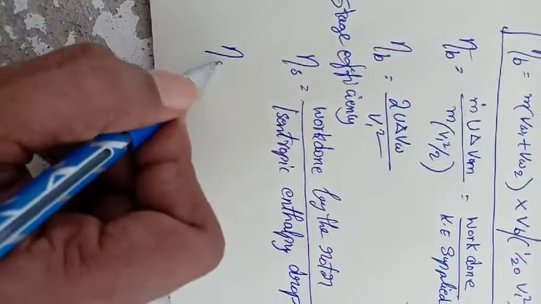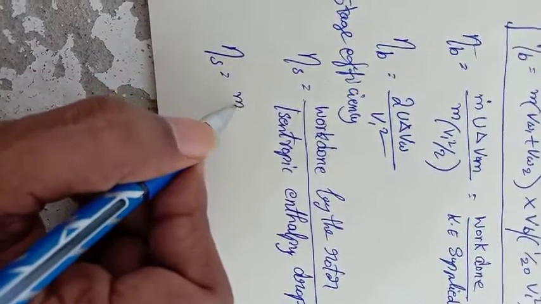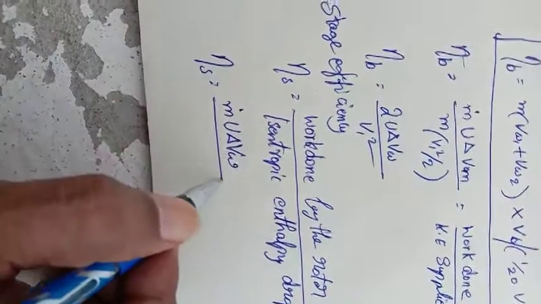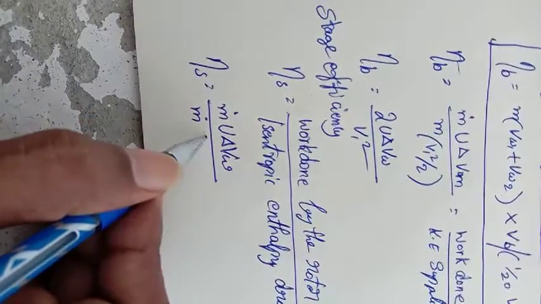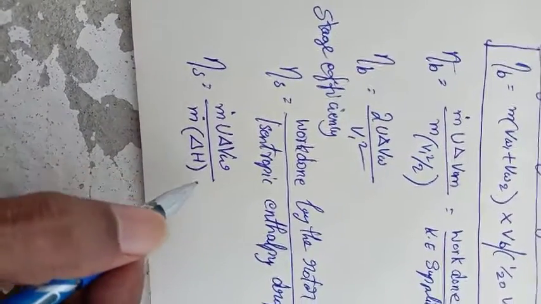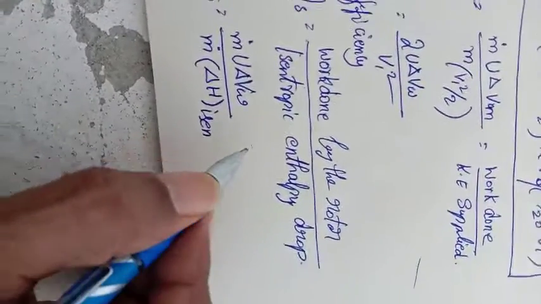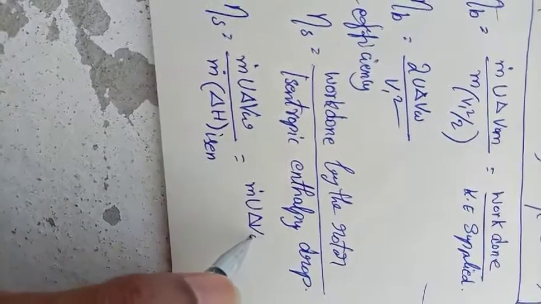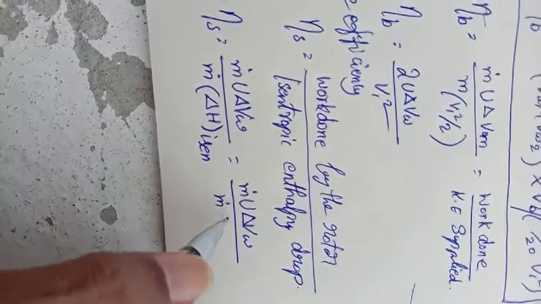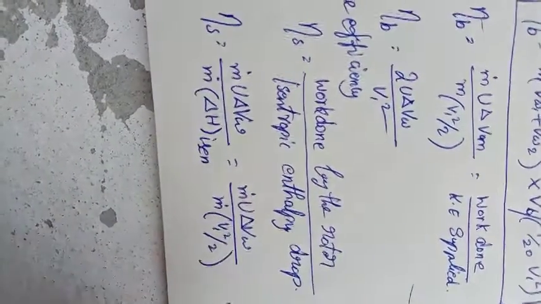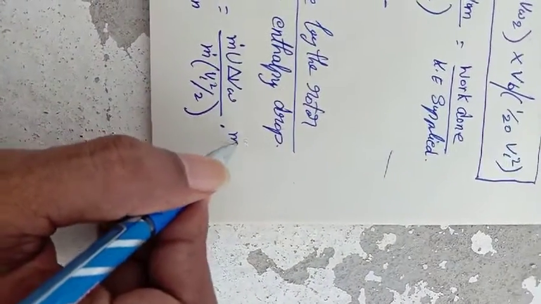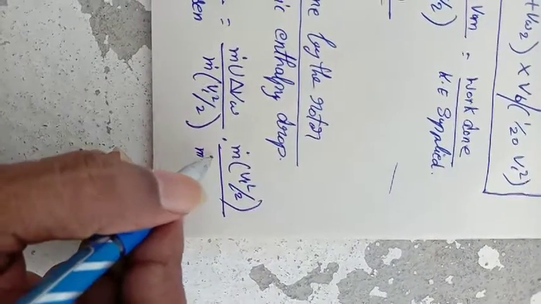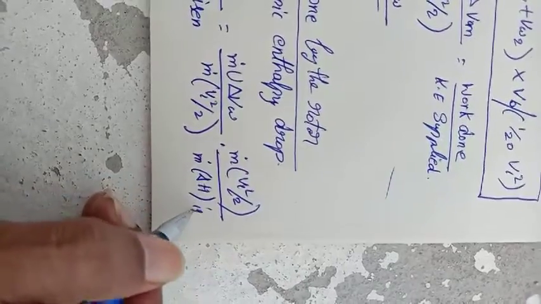Okay, and now ηs is equal to m u change in wheel velocity divided by m change in enthalpy isentropic.